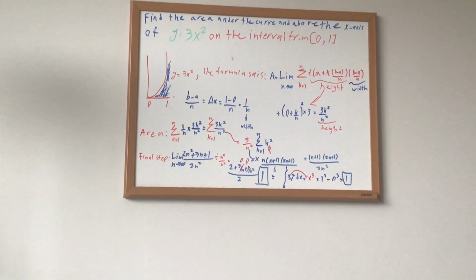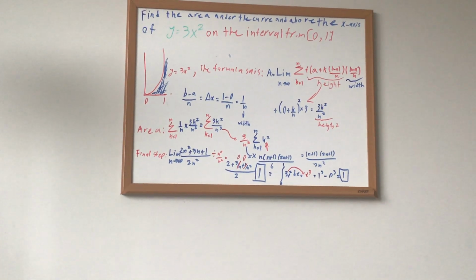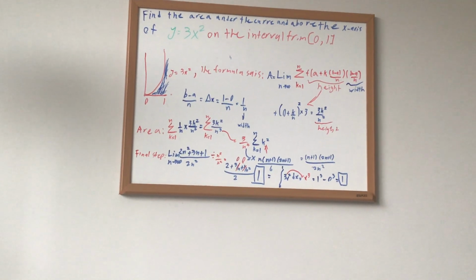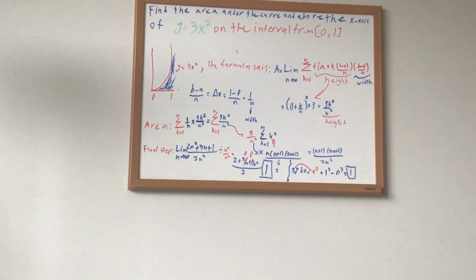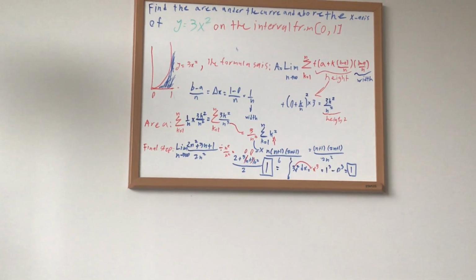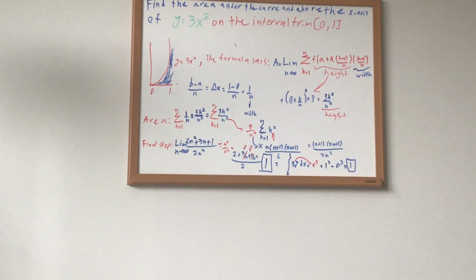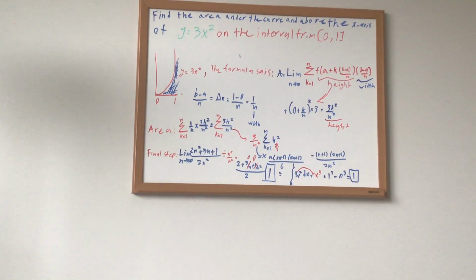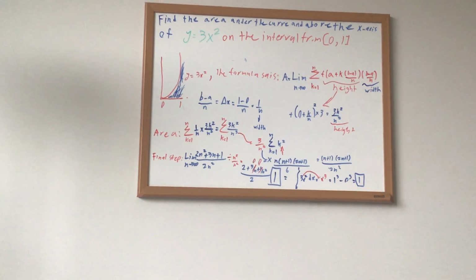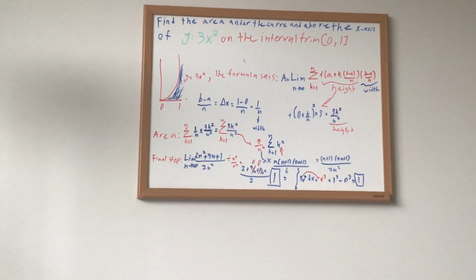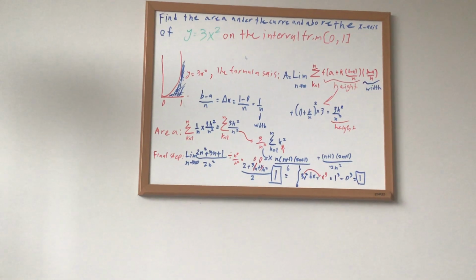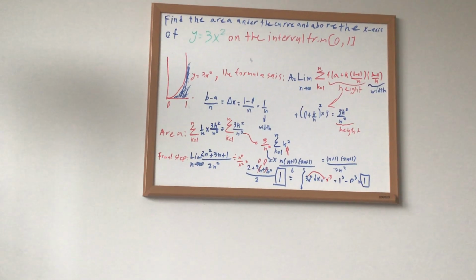So if we multiply 3 over n cubed by this expression, we get n plus 1 times 2n plus 1 over 2n squared. And if we expand the expression in the numerator, we get 2n squared plus 3n plus 1, and then 2n squared in the denominator. So we can go ahead and take the limit of this expression as n approaches infinity.